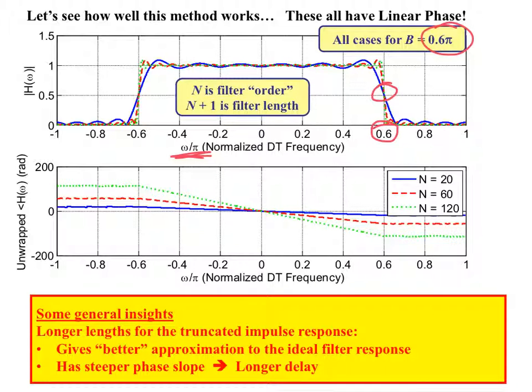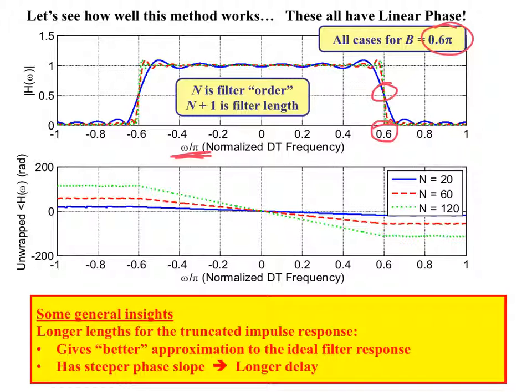So remember our usual definition is 0.707. So that B comes from the definition of the edge of the ideal passband, but in reality we'll be getting a true 3 dB cutoff point, or 0.707 cutoff point, that is going to be slightly less than what our design is showing here.